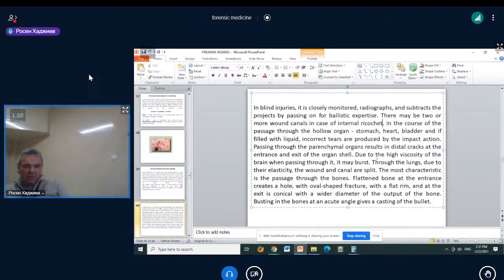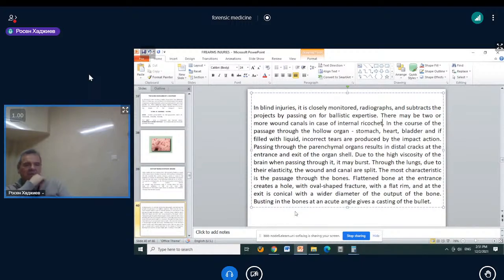When the bullet passes through a parenchymal organ, the result is distal cracks at the entrance and exit of the organ, the capsule of the organ. Due to high viscosity of the brain, the brain completely bursts when the bullet passes through it. Through the lungs, due to elasticity of these organs, the wound and canal are like a small split.